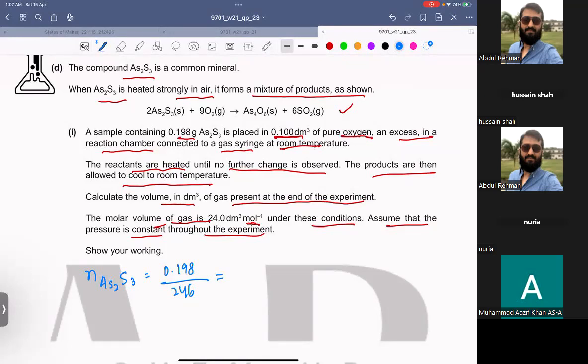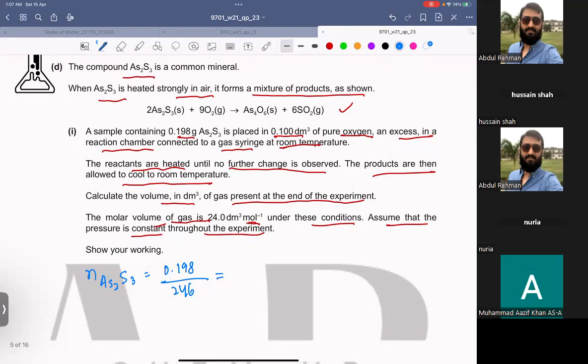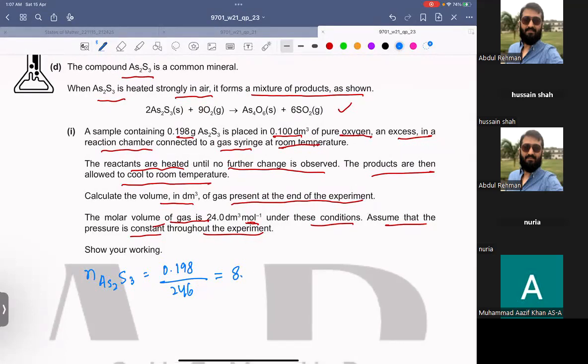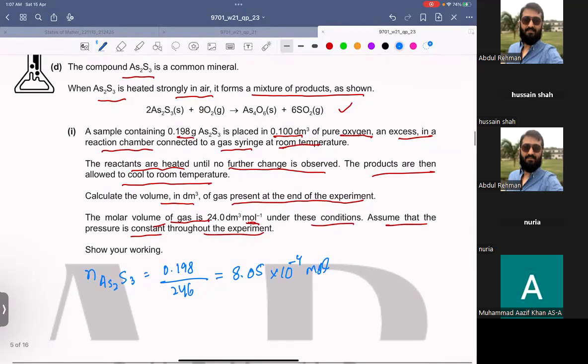What would be the answer? Sir, 8.05 into 10 raised to the power minus 4. Right? Yes.